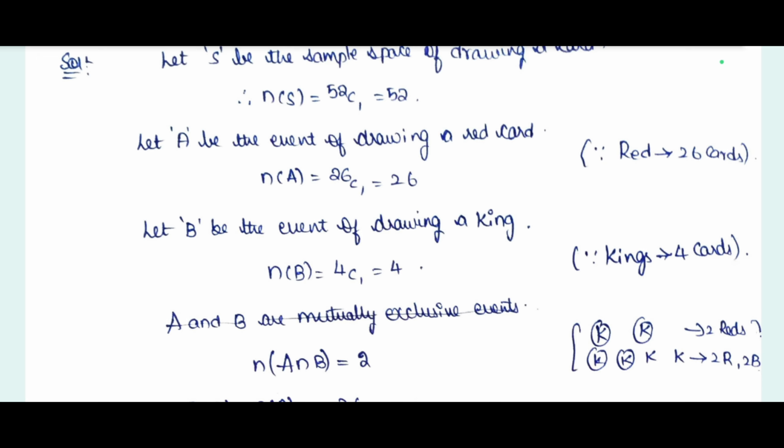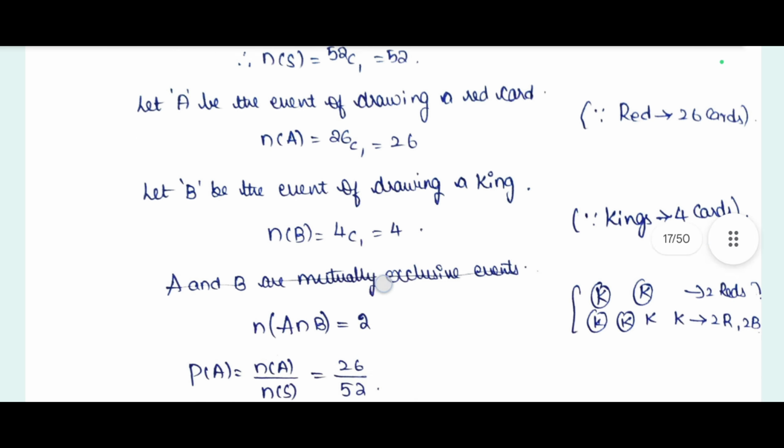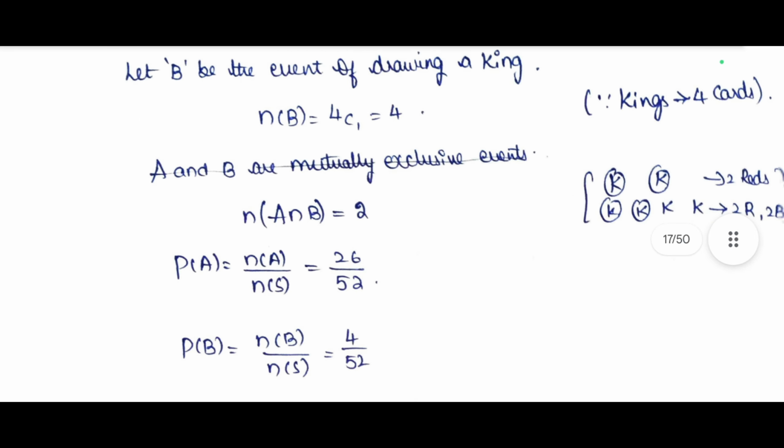So n(A) = 26C1. Let B be an event of drawing a king. n(B) is 4C1, because there are 4 kings. So 4C1.